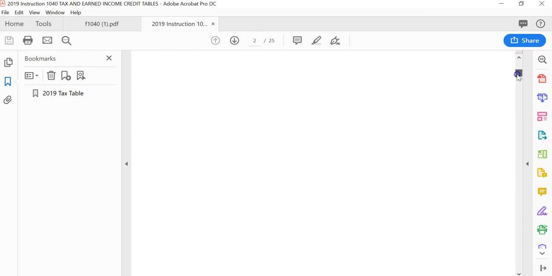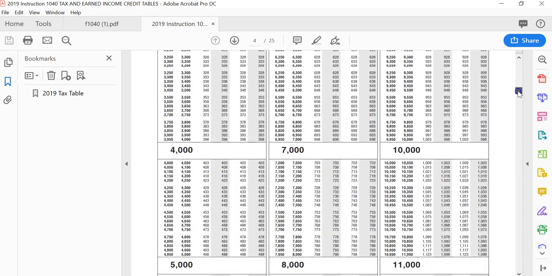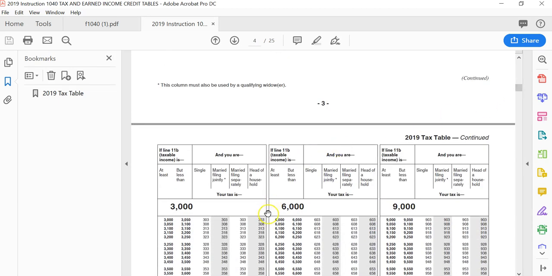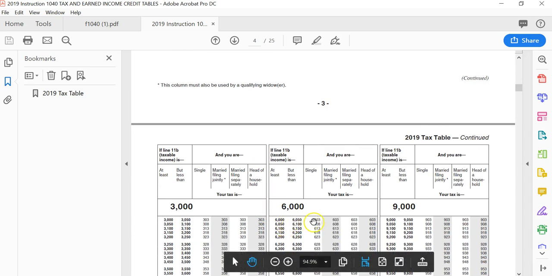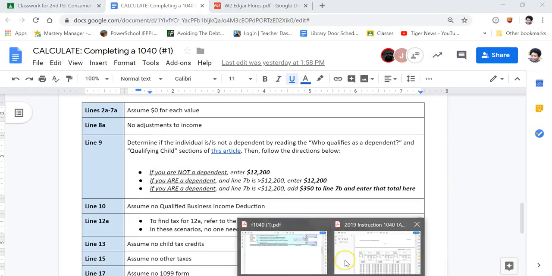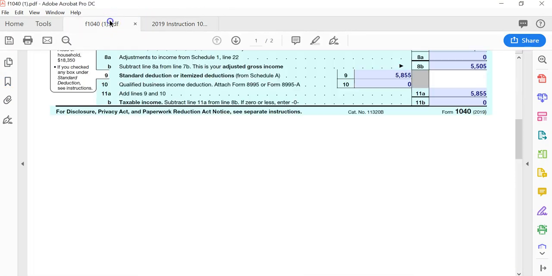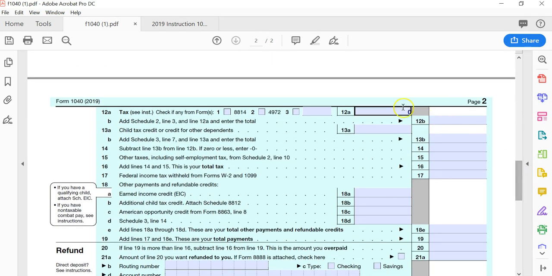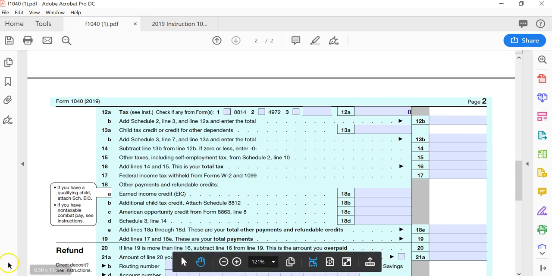Okay? And then whatever number you find, once you find that number between whatever range it's given, you're going to use a single column. That number then will go on to what you have for line 12A.